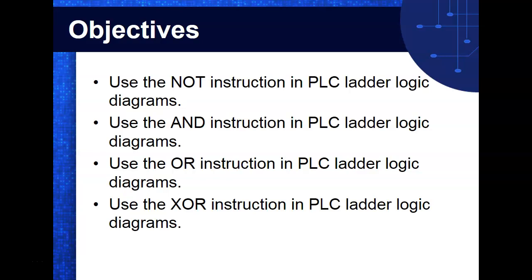So if I had this in a data register right here, and I ran it through a NOT, I would end up with this. This would be my answer. So all the NOT does is just invert all the bits in a word.